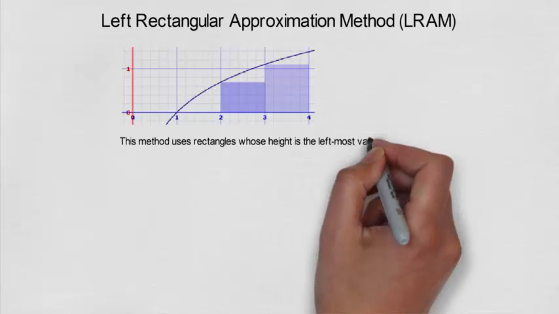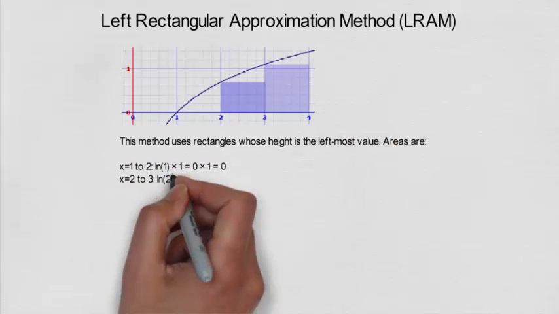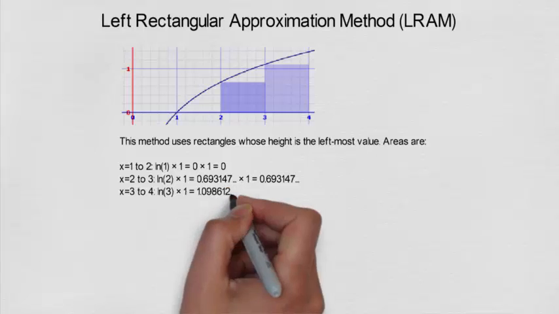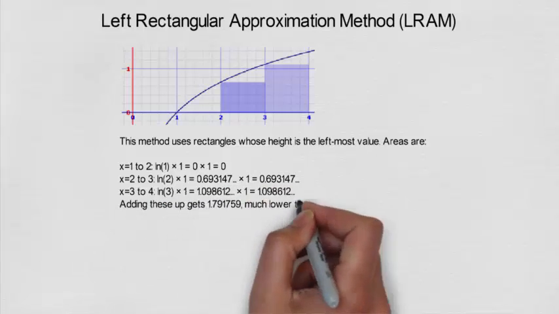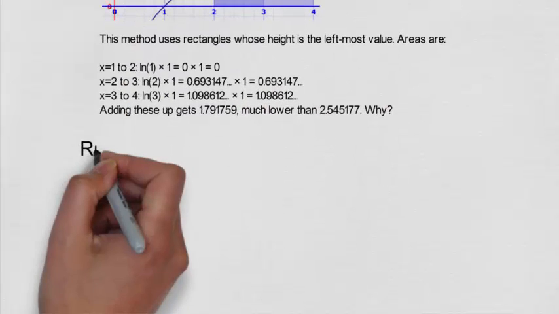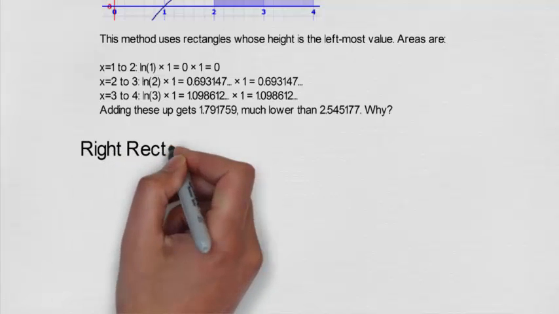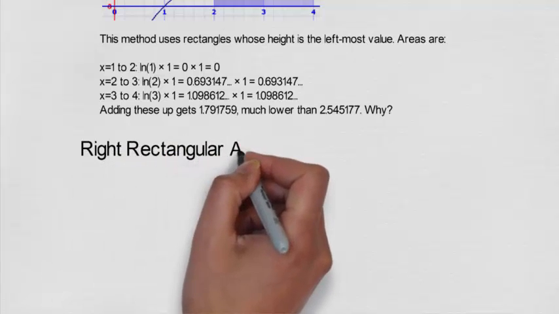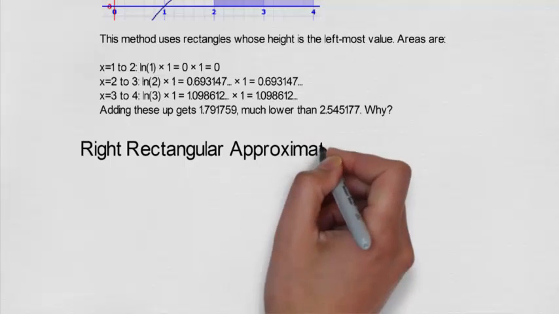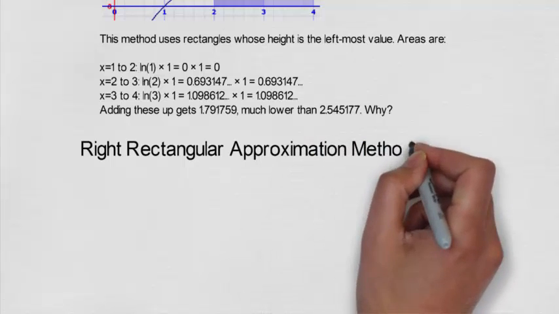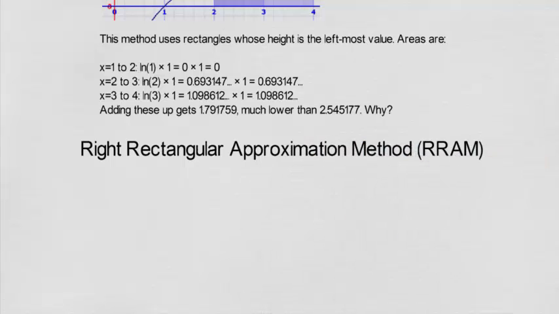Adding this up gets 1.79, much lower than 2.54. Why? Because we are missing all that area between the tops of the rectangles and the curve. This is made worse by a curve that is constantly increasing. When the curve goes up and down more, the error is usually less.